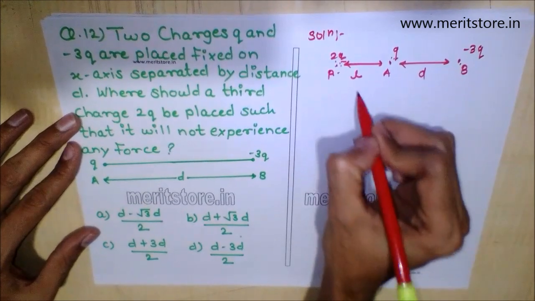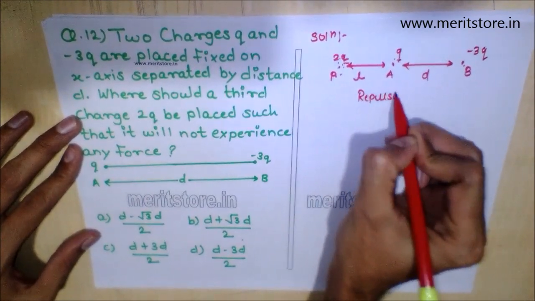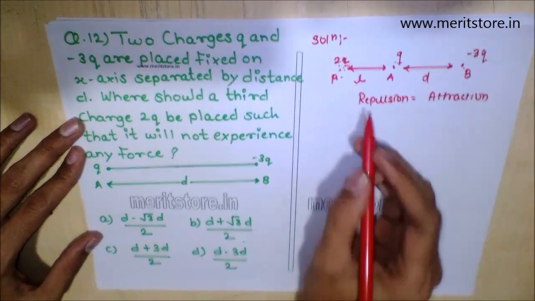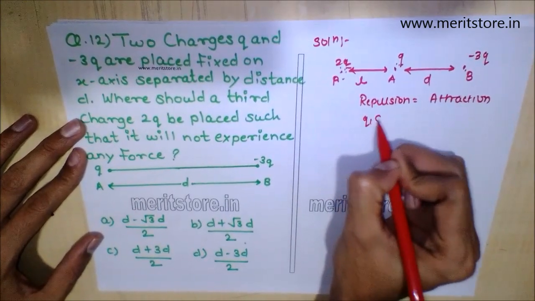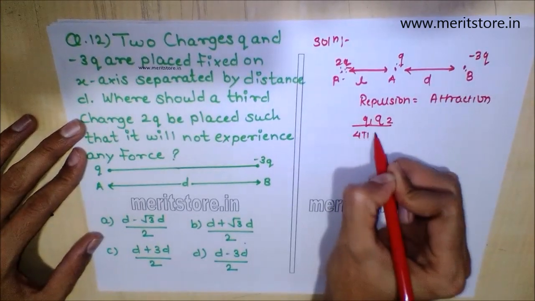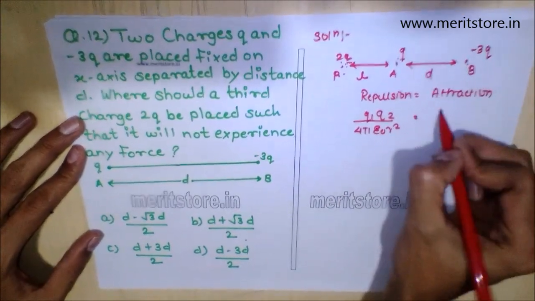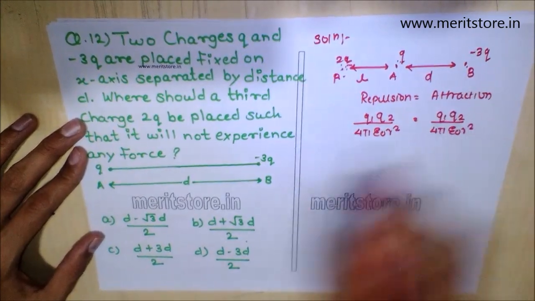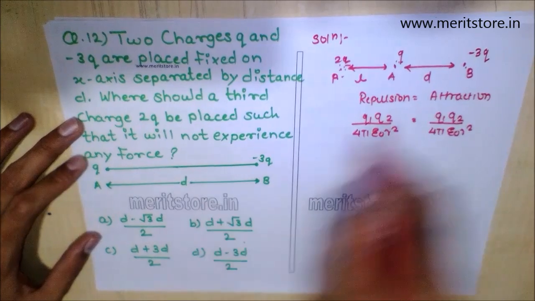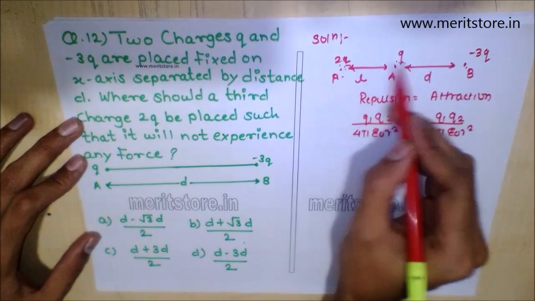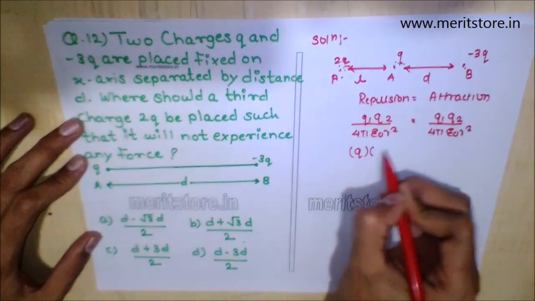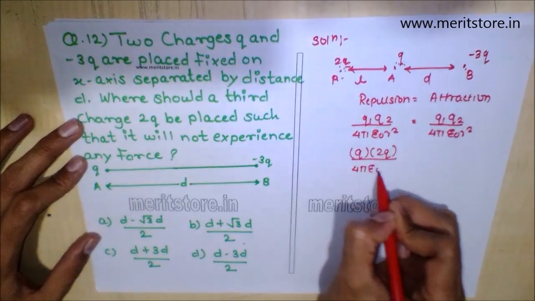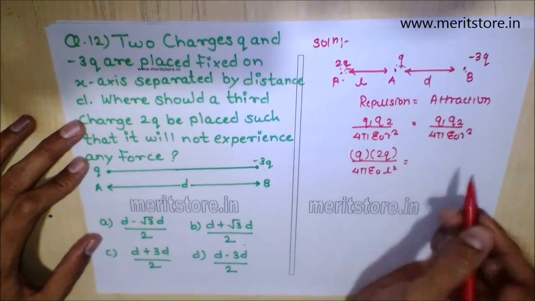So the force of repulsion is equal to the force of attraction. For the force formula we have Q1 Q2 upon 4 pi epsilon naught r square. Similarly here, Q1 Q2 upon 4 pi epsilon naught r square. For the repulsion force, the charge Q1 is Q and Q2 is 2Q, upon 4 pi epsilon naught, the distance is L, so it becomes L square.